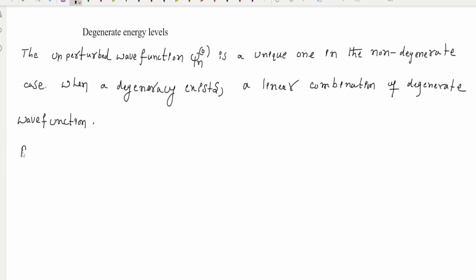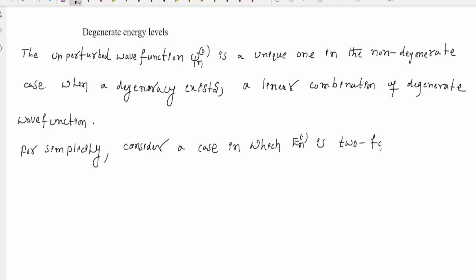For simplicity, consider a case in which E power 0 is, for example, two-fold degenerate. So let us introduce two wave functions.